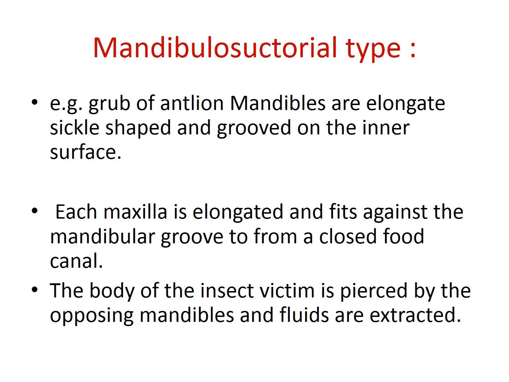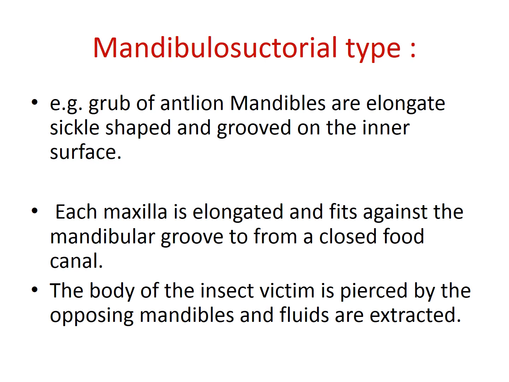The next type is mandibulosuctorial type. The mandibulosuctorial type is noticed in grubs of antlions. Here mandibles are sickle shaped. They are elongate, sickle shaped and grooved on the inner surface. So two bigger sickle shaped mandibles are exposed. We can see them.